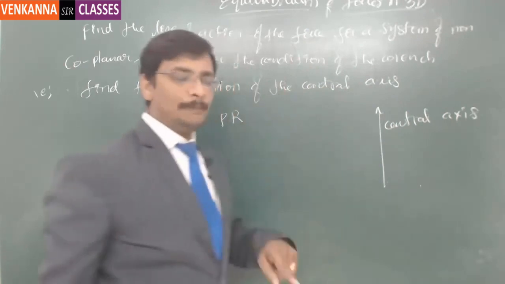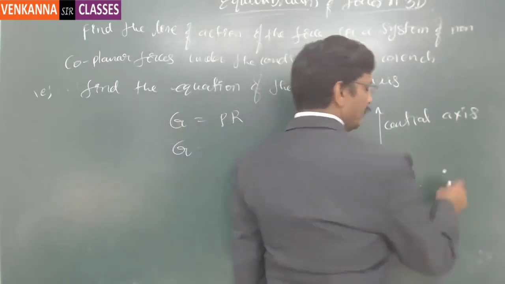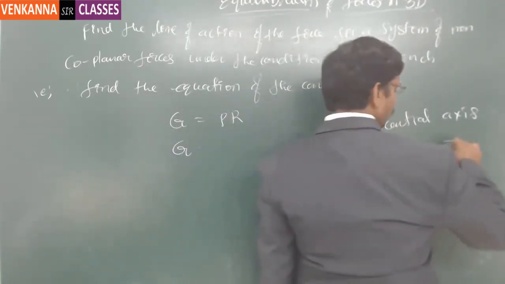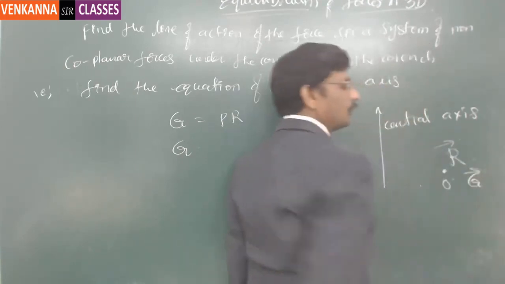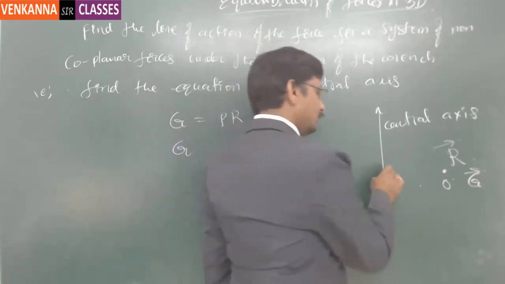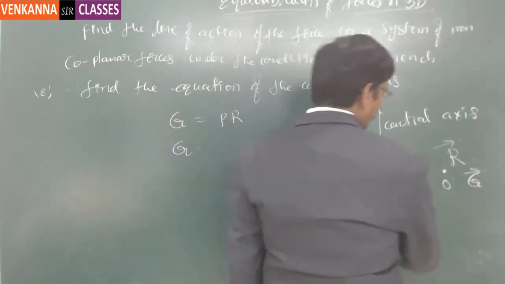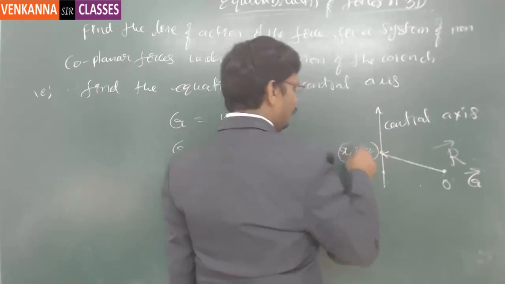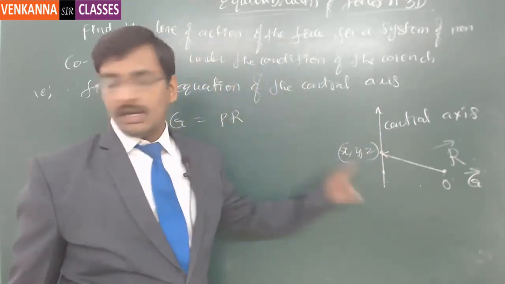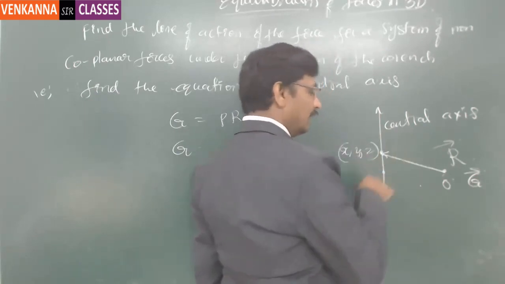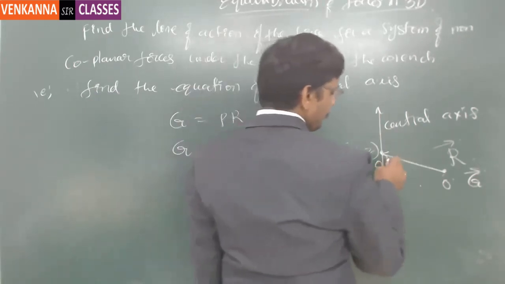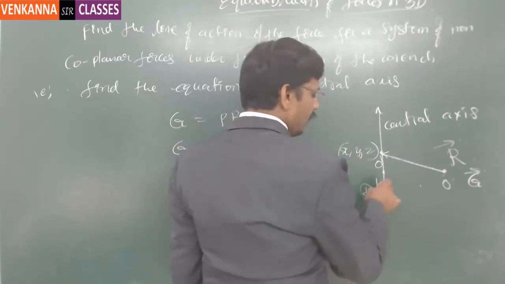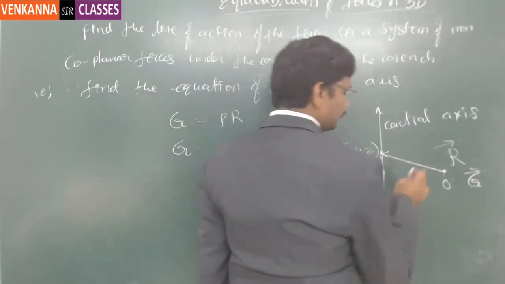Now, if you take the base point outside the central axis, let us say this is O, then it results in a system of forces of magnitude R and a moment G. Now, if you take the base point on the central axis, at a location x, y, z from this origin, then this is going to be O dash, and the resulting force is R dash and the resulting moment is G dash.